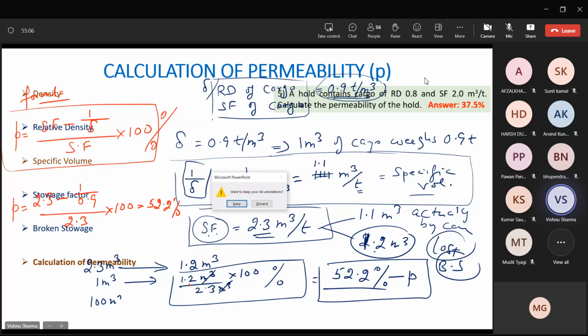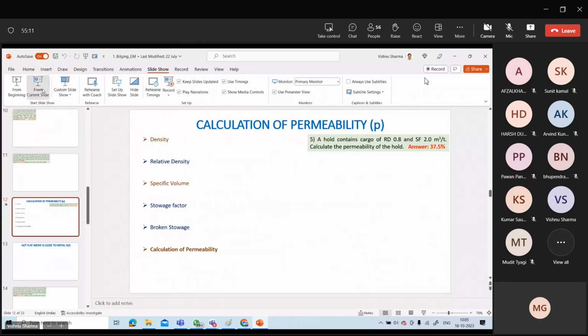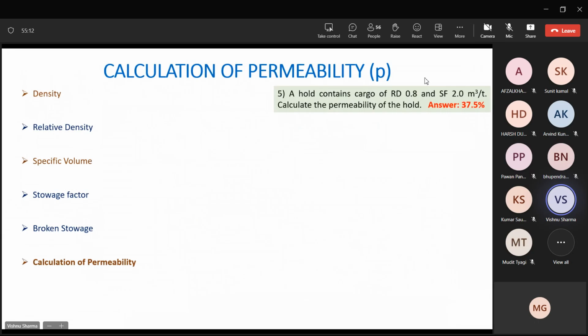Let me clear the formula so that now you pick up the formula from your registers. Please execute this question and see that the answer is matching 37.5%, beta. Please calculate the permeability and see.